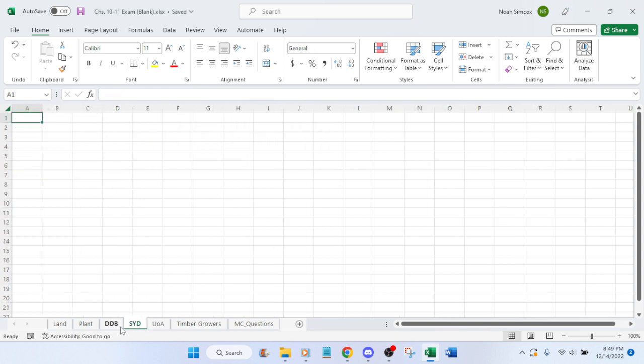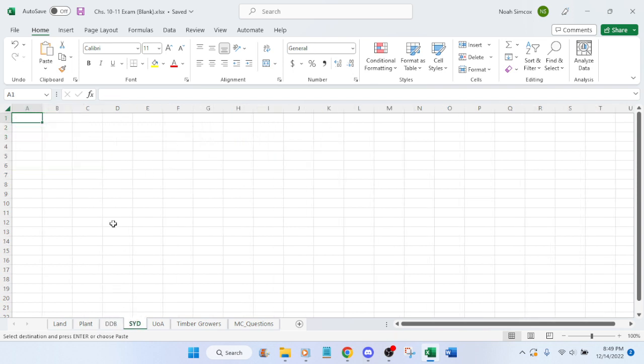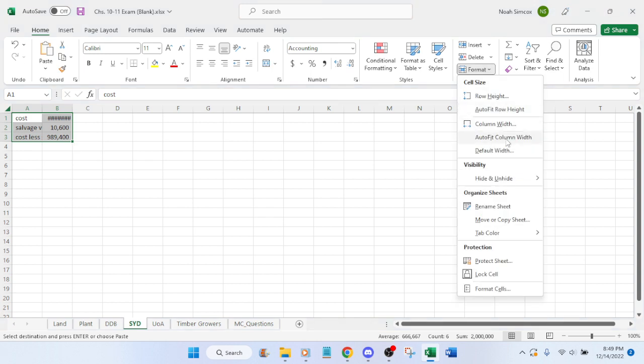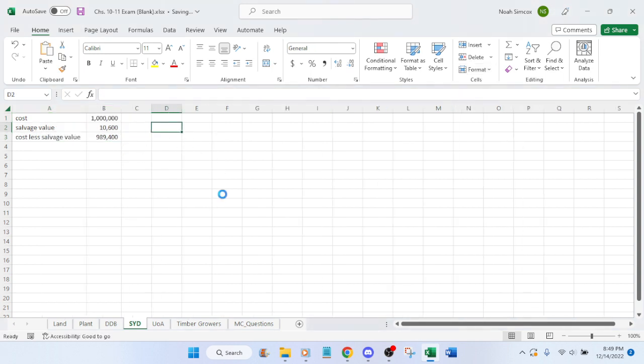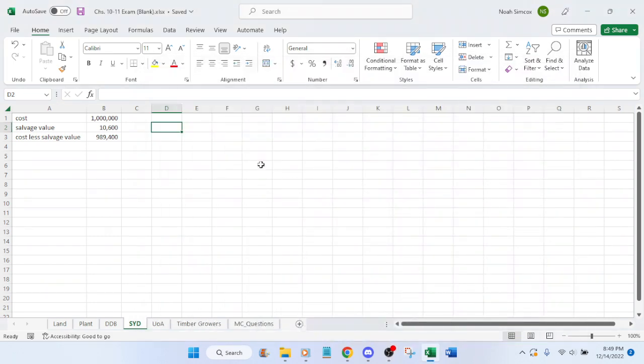Sum of years digits. Time to do the exact same thing, but with sum of years digits. Copy. Paste. Here's how you do sum of years digits.